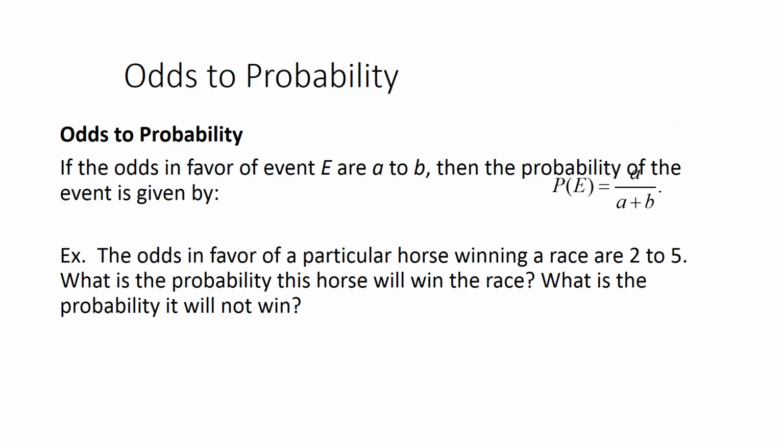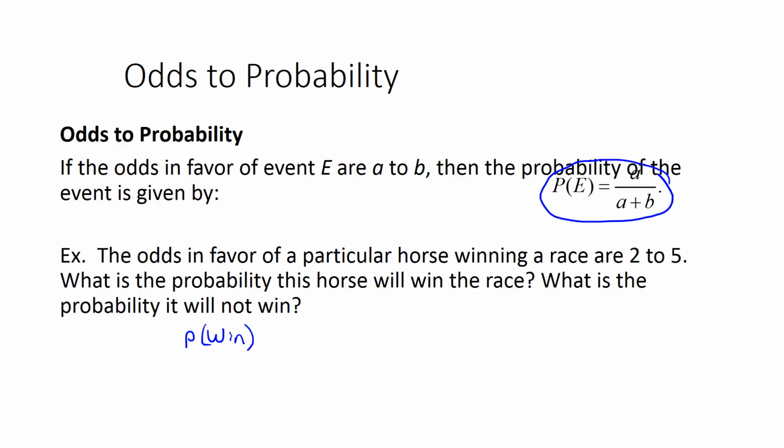So we should be able to convert between odds and probability. First, we will go from odds to probability. If the odds in favor of event E are A to B, then the probability of event E is A over A plus B. So the odds in favor of a particular horse winning a race are 2 to 5. What is the probability that this horse will win?